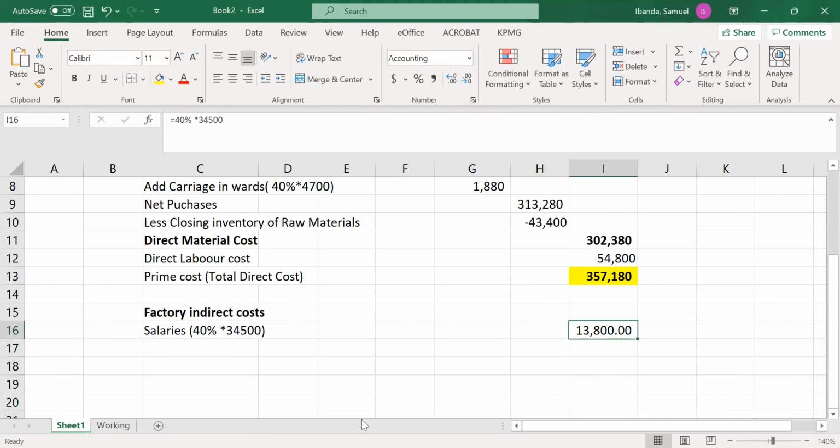The 40%. Okay. So that is what we basically do.